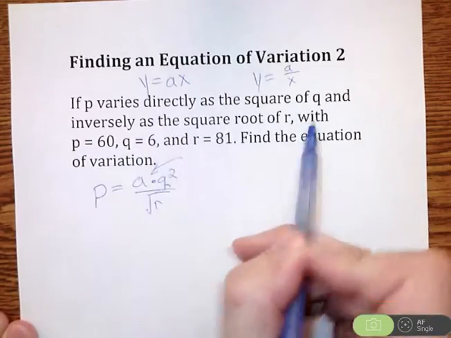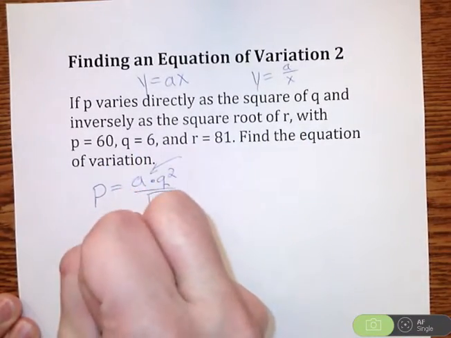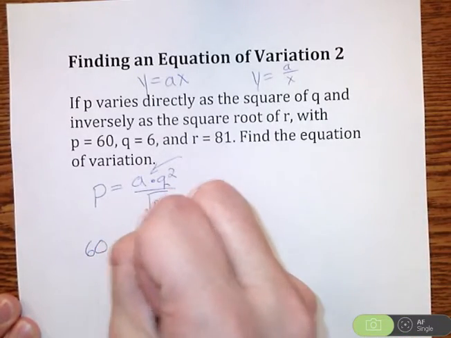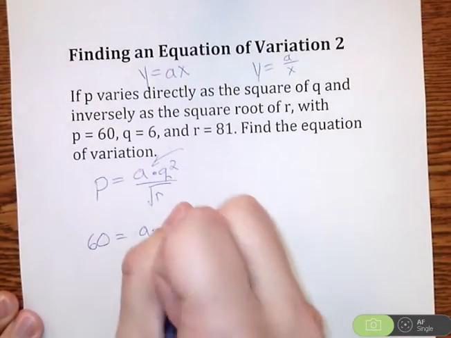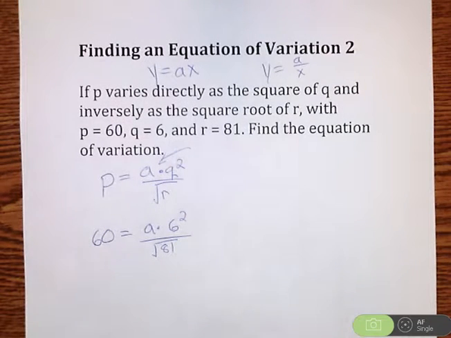So, as we read on, they tell us p is equal to 60, so I'm going to plug that in. Q is 6, so I still don't know a, but q is 6, so I have a 6 squared there. And r is 81. So I plugged in all the information I know, 60, 6, and 81.